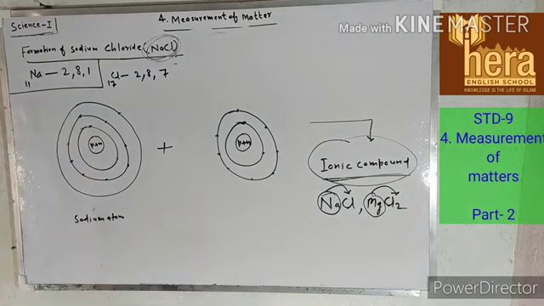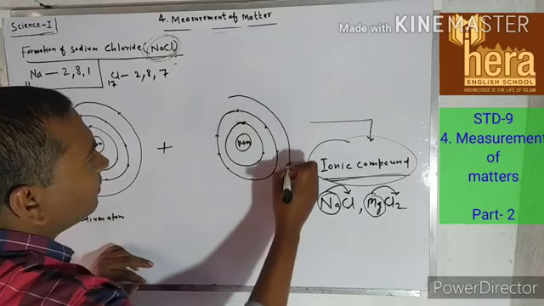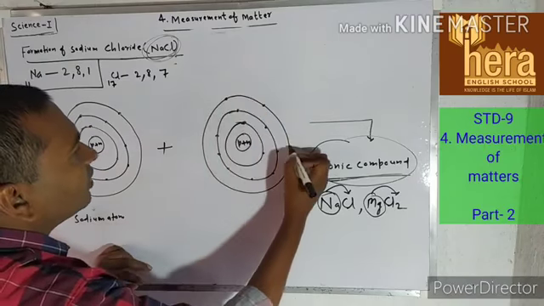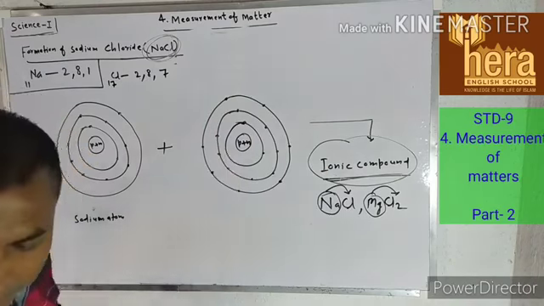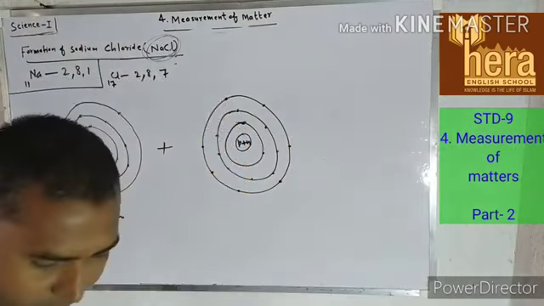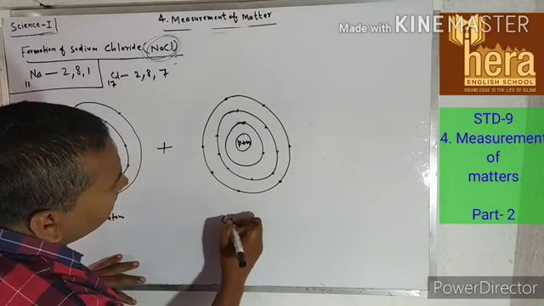Okay. In the last orbit, the third orbit, 7 electrons. 1, 2, 3, 4, 5, 6, 7. I have to erase this because I have no space. So actually this is a chlorine atom.